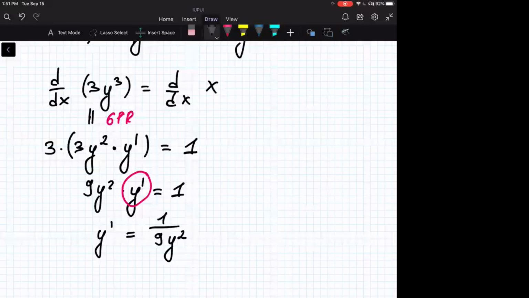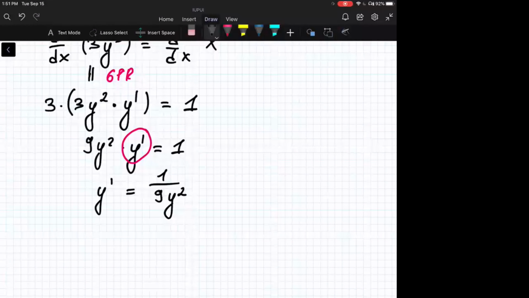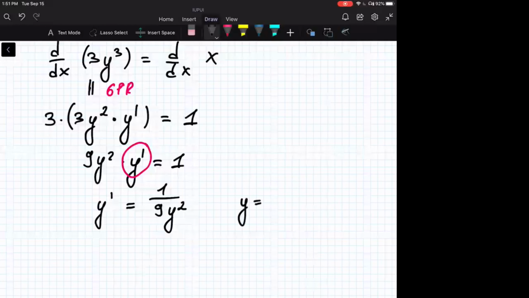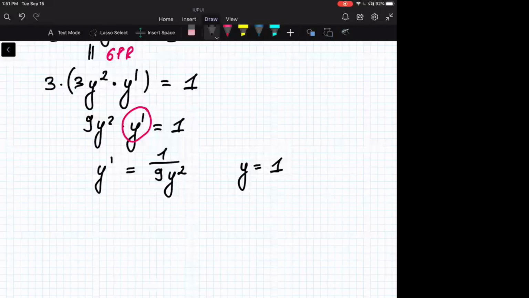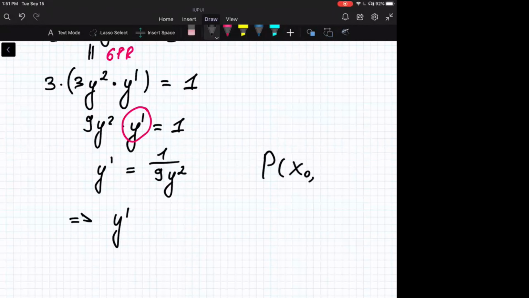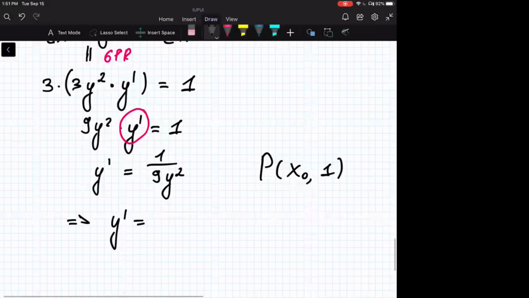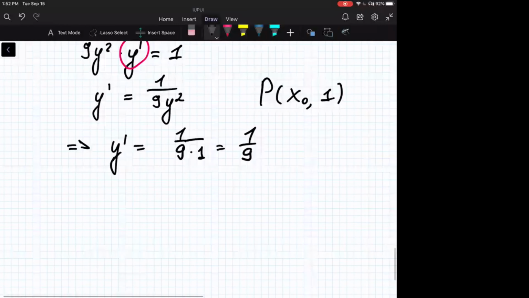And I want to say, if I want to calculate, for example, suppose you know the y coordinate where you want to calculate your derivative, say y equals 1, and some x that corresponds to this y, let's say that we have some point P with coordinates x0 and 1, then y prime will be 1 over 9 times 1, which is 1 over 9. Okay. This was part A.